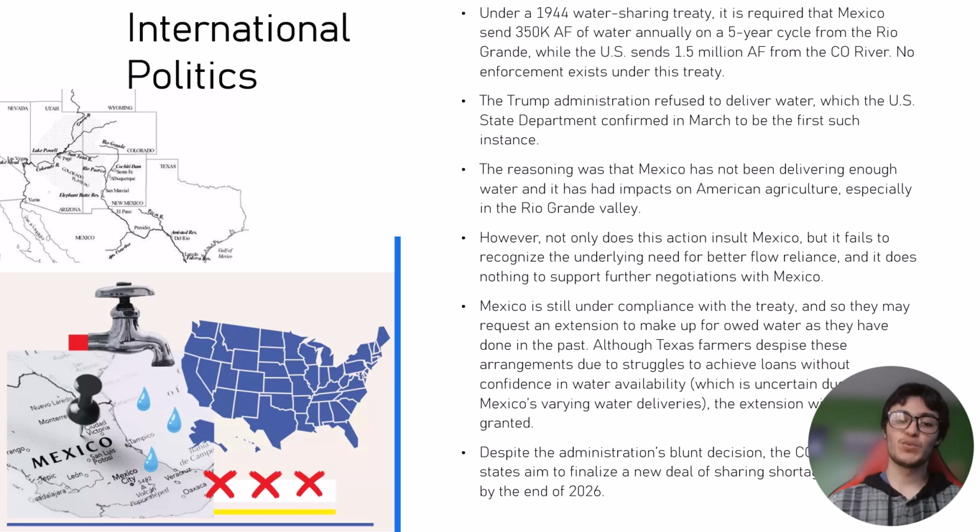Now, what happens is when they're short on this, which of course, as I talked about, more climate change, more global warming, less flow, Mexico has been short on some of their sending of water to America. And normally what they can do is they can ask for an extension, which allows them to get more time to make up for that water. Now, what the Trump administration did is they said, no, you know what? We're not going to give you this water. And so it's really a problem with negotiations because they're not really fostering anything. They're not helping anyone.